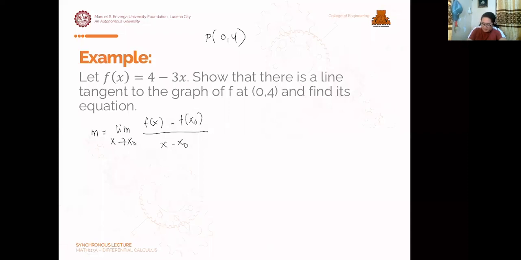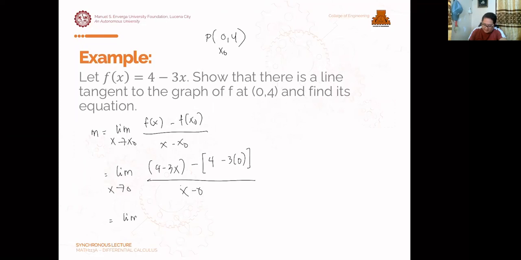For this given example, gawin natin x sub 0, or initial point, yung sa point natin is 0. This will be the limit as x approaches 0. Then f of x natin, kopyahin lang natin, 4 minus 3x, and then substitute natin yung 0 dun sa 4 minus 3x. So that will be 4 minus 3 times 0 all over x minus 0.